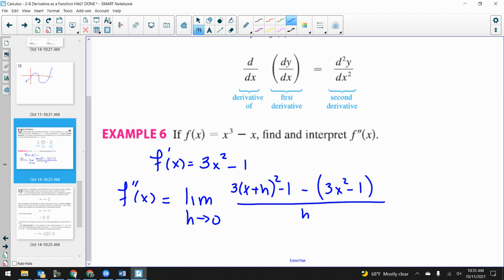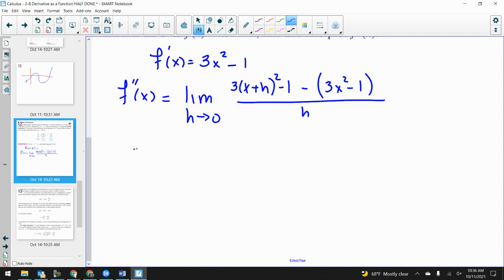And now we reduce, because again, we can't do direct substitution. So we have 3, and then this FOILed out is x squared plus 2xh plus h squared, minus 1.